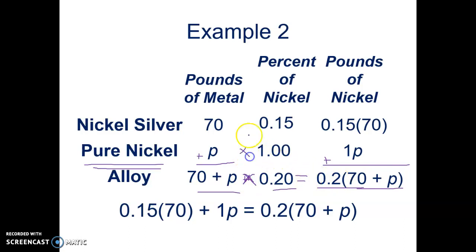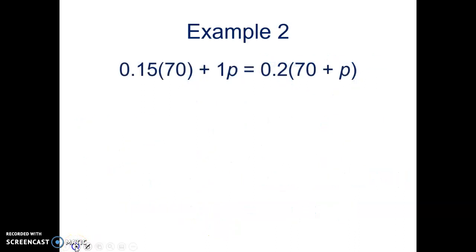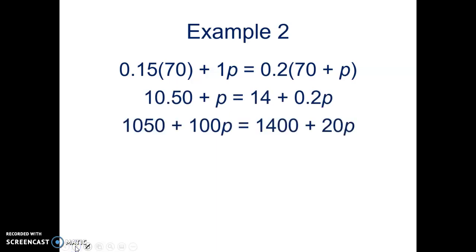We did that for all of these: pounds of metal times percent of nickel equals pounds of nickel. And we know that these two things equal our total here, and that's where that equation comes from. We're then going to use algebra to distribute and get rid of the parentheses, and then we'll start combining our like terms. When all of our like terms have been combined, we end up with 80P equals 350.